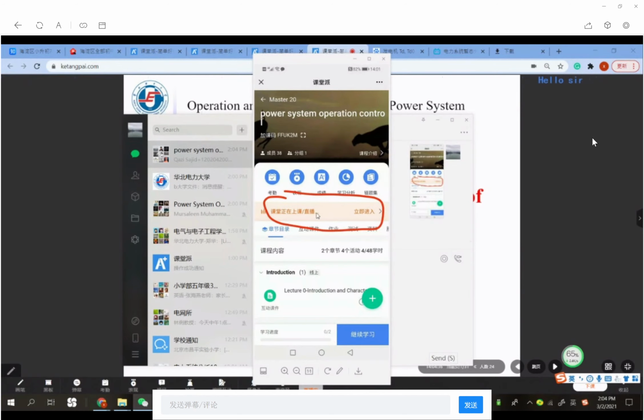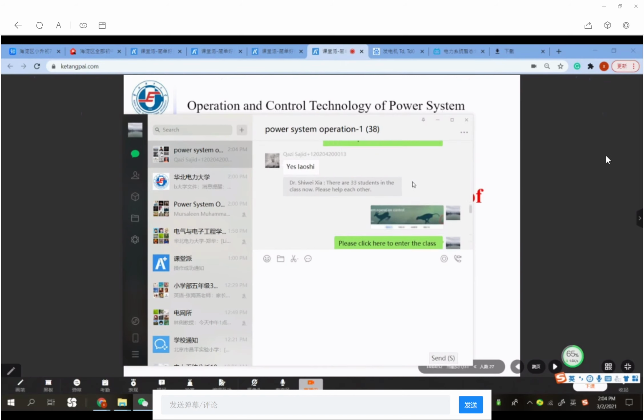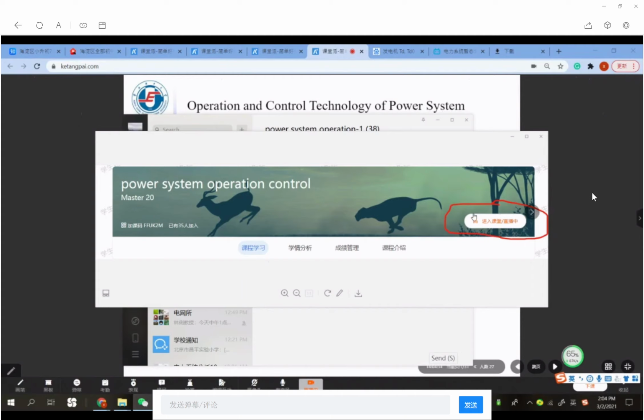If you use a cell phone, you can see some orange color button here. You can click the enter now button. This is enter now, the Chinese word. So you will enter the class. If you use the computer, you see here means enter the class, and the class is on.